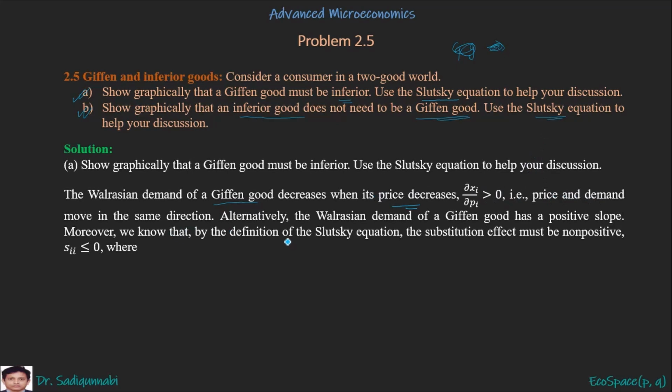Alternatively, the Marshallian demand of a Giffen good has a positive slope. Normally our demand for any good, a normal good, is downward sloping, but for a Giffen good it is upward sloping.